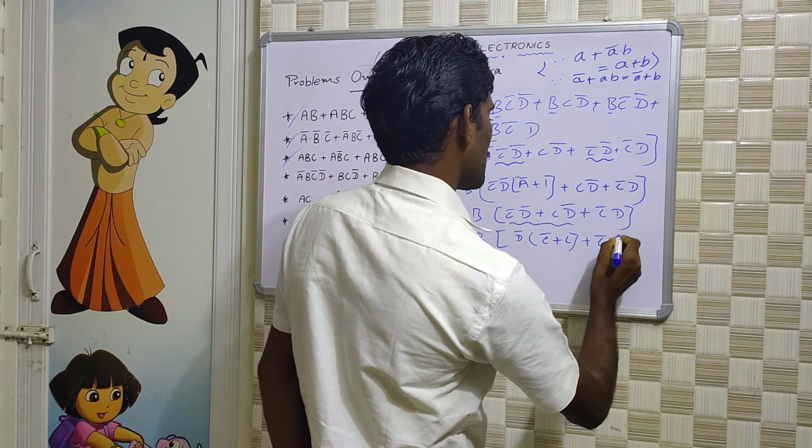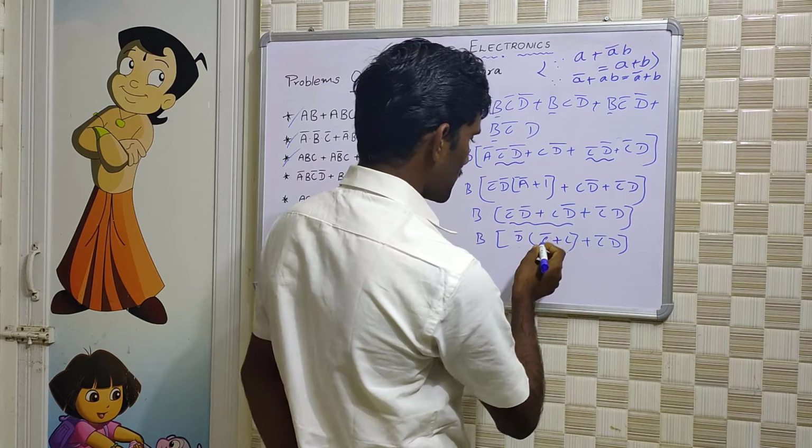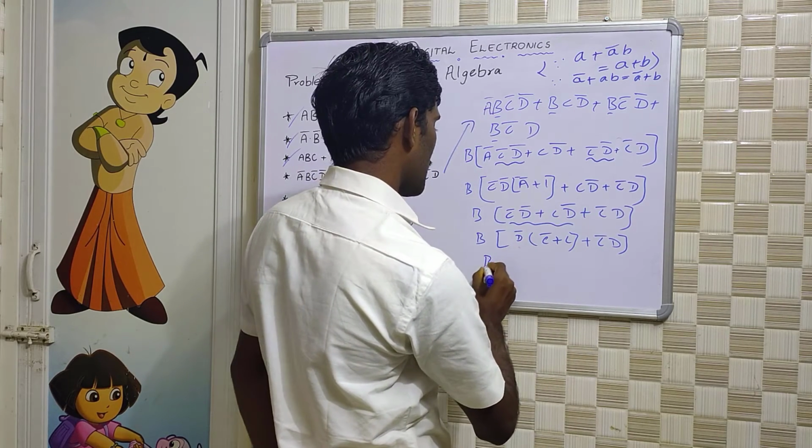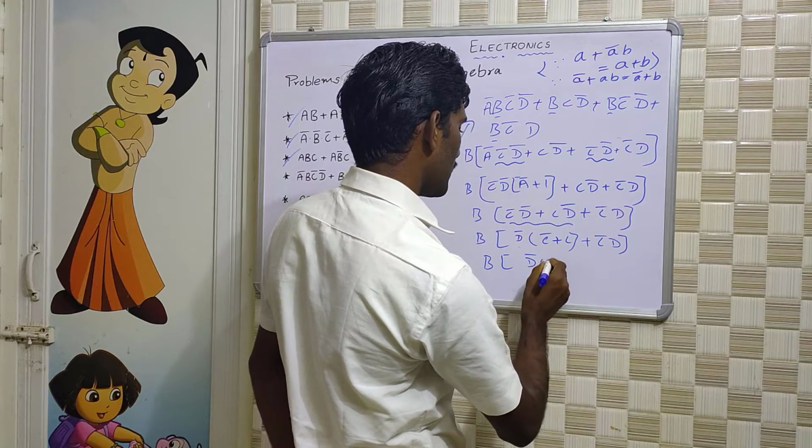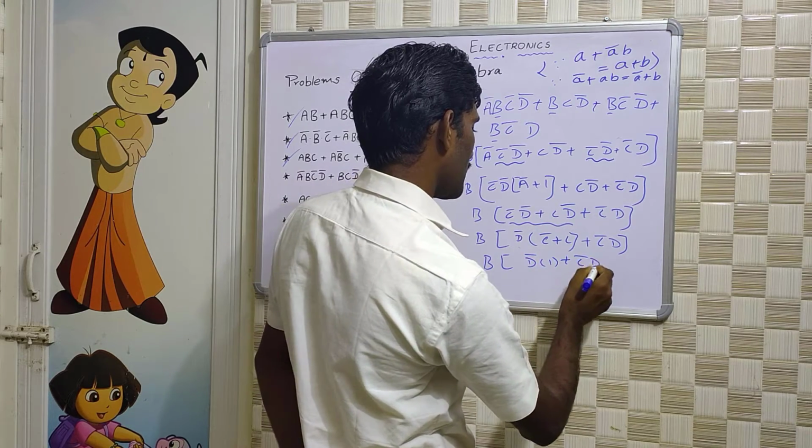So here it will be C bar D bar. A plus A bar is equal to 1, so it will be 1. So we have D bar as a term, D bar into 1 plus C bar D.